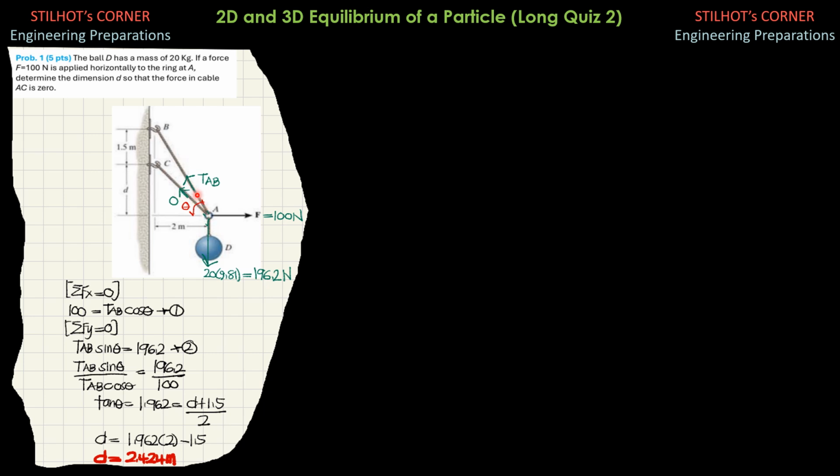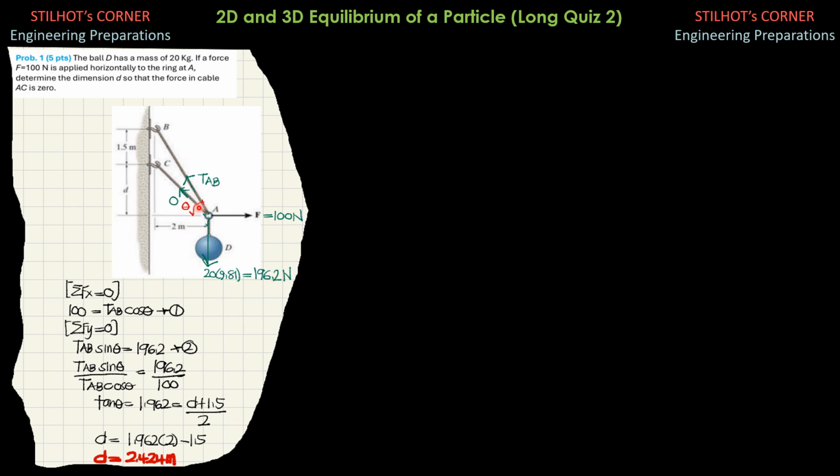Then we have tension in AB. The force F is 100 newtons as given in the problem, and the weight of this ball is 20 kilograms times g, 9.81, so 196.2 newtons.